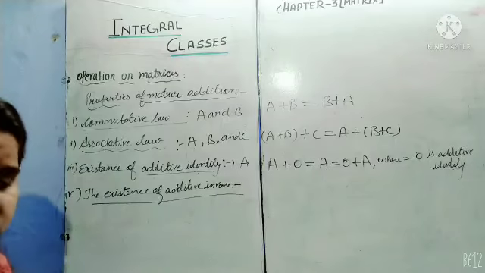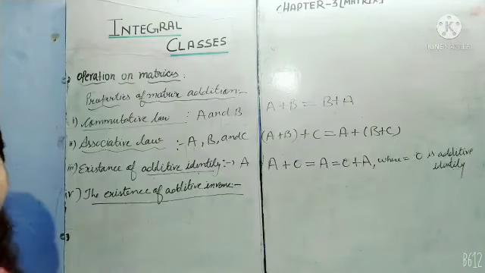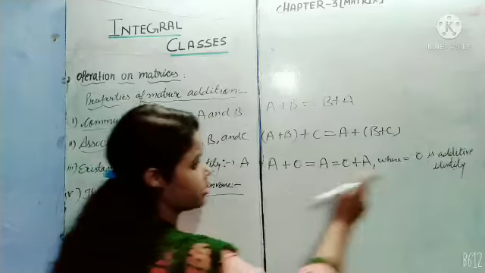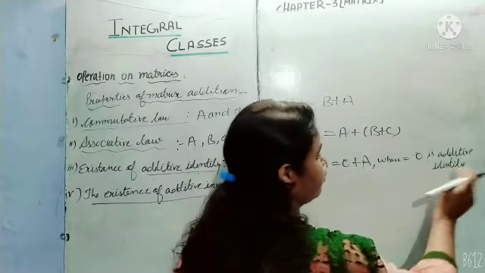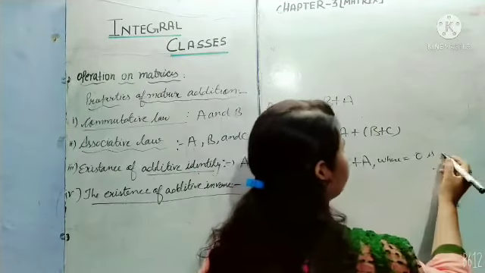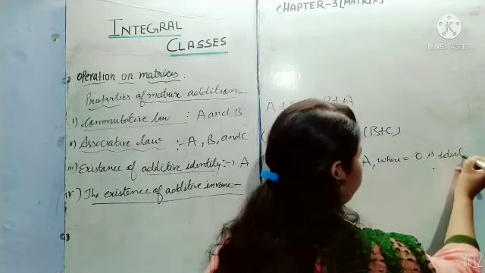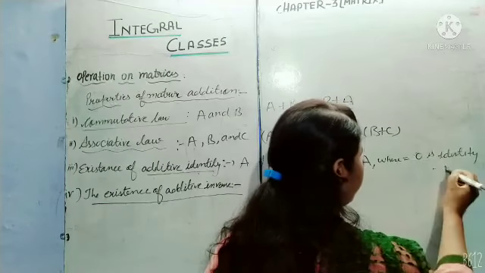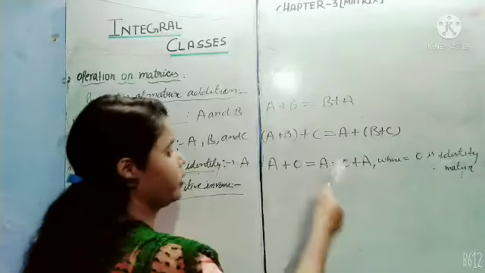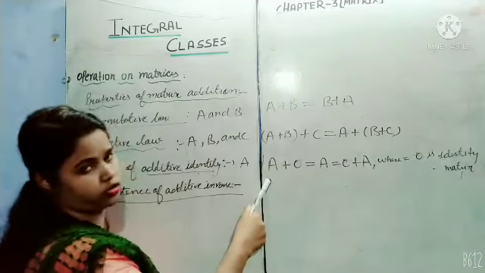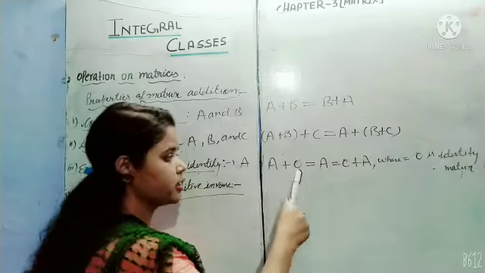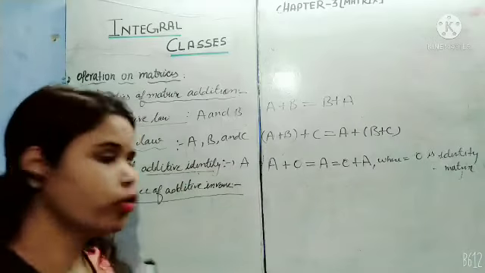If we add 0 to any number, we get that number again. So here 0 is the additive identity matrix which has the same order as A. It means if A is a 2 cross 2 matrix, then 0 is also 2 cross 2.